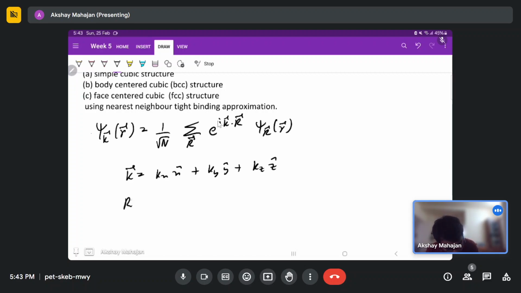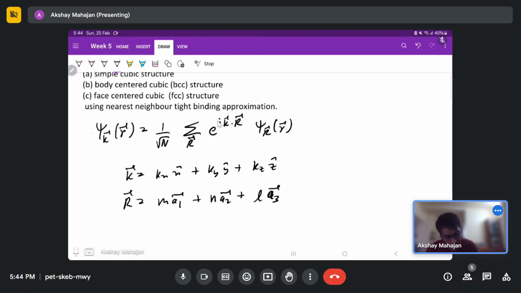Now the r vector, in 3 dimensions, is m times e1 vector plus n times e2 vector plus l times a3 vector.